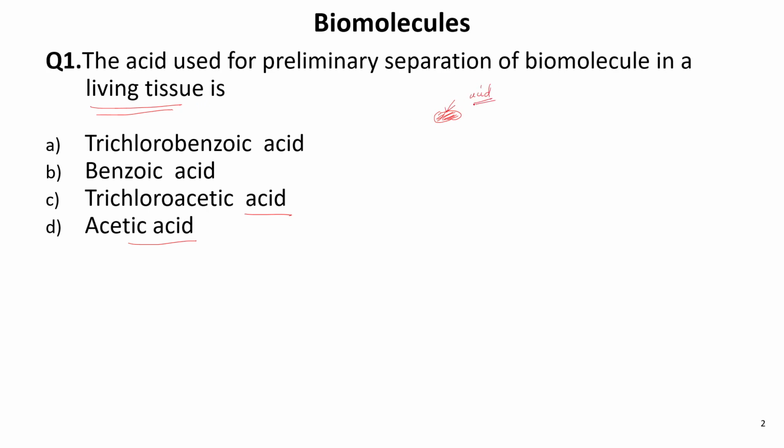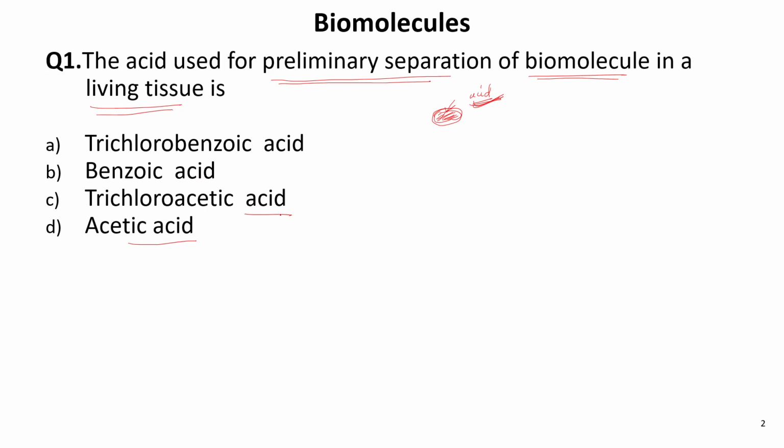We add an acid and make a paste of it, and then it is analyzed. So this is the preliminary separation of biomolecules. Later the biomolecules get separated out from that paste.